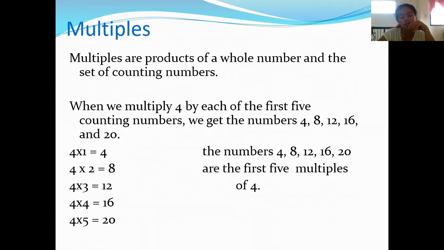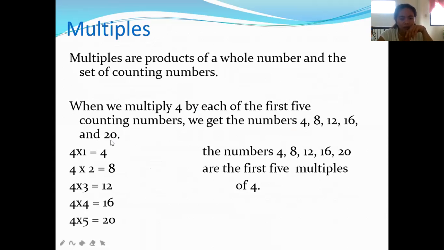Now, let's go to the multiples. Multiples are products of a whole number and a set of counting numbers. In our example, when we multiply 4 by each of the first 5 counting numbers, we get the numbers 4, 8, 12, 16, and 20.